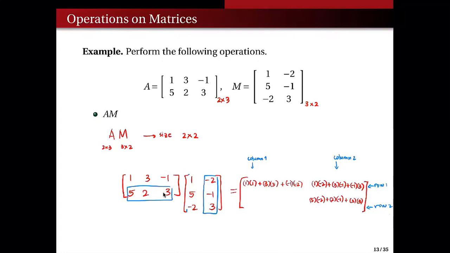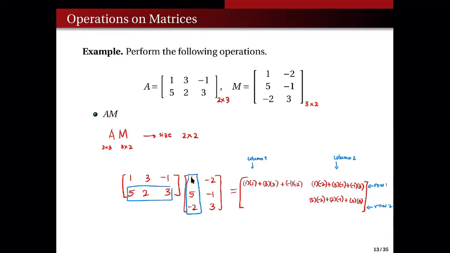And then finally, let's look at second row of A, first column of M. So second row of A, first column of M. So this is where we will put the product and sum.